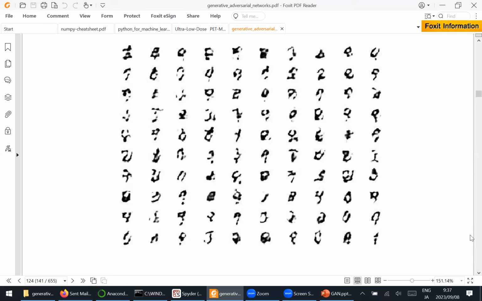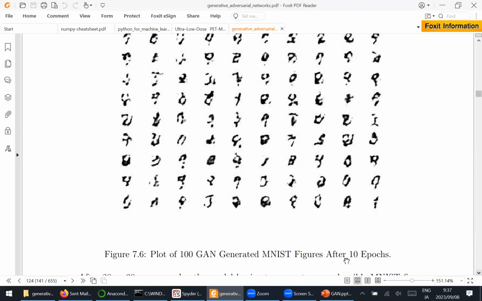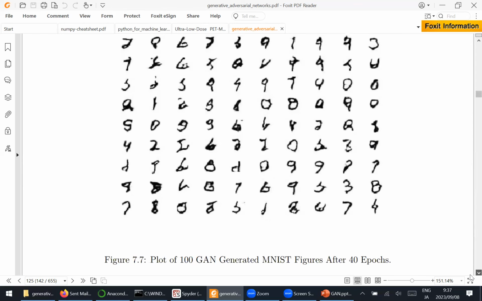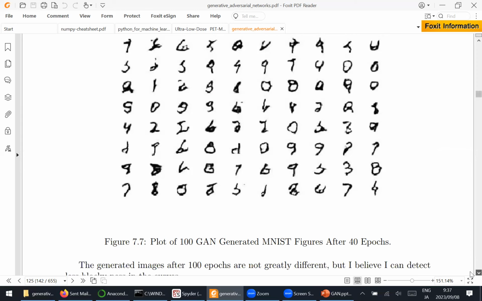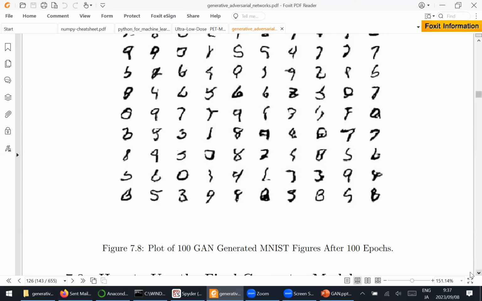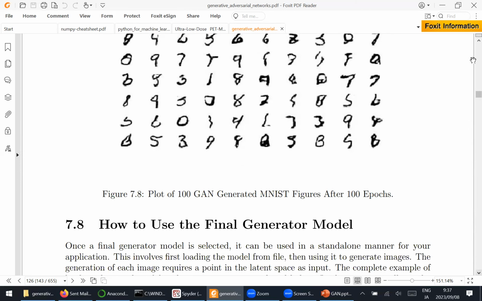Still not very good, but this is after only 10 epochs. They look sort of something like numbers. If we keep going, after 40 epochs, getting a little closer. And after 100 epochs.